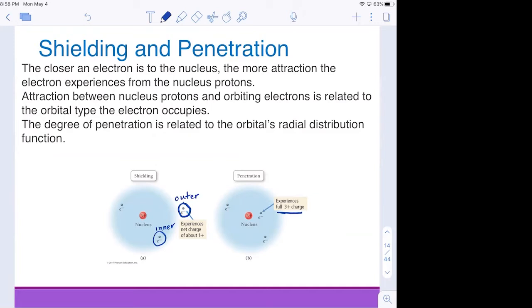And it depends on what type of orbital can do this. We won't get into too much about penetration. Your book does talk about it, but it's a little bit too far in depth for our discussion in Chem 140. So just making sure that you understand shielding is more important for this discussion.